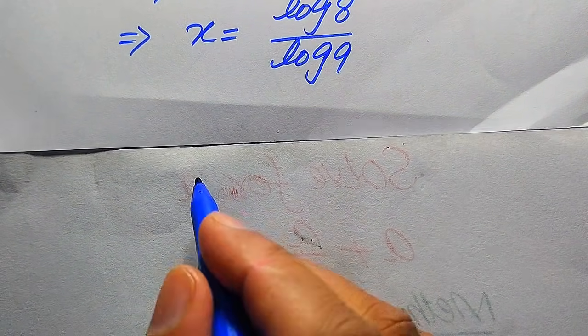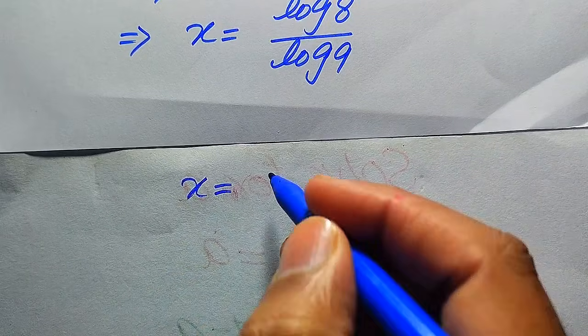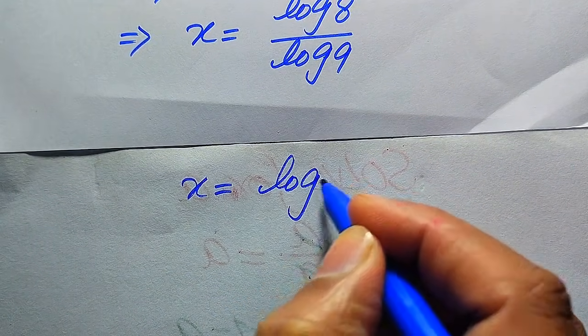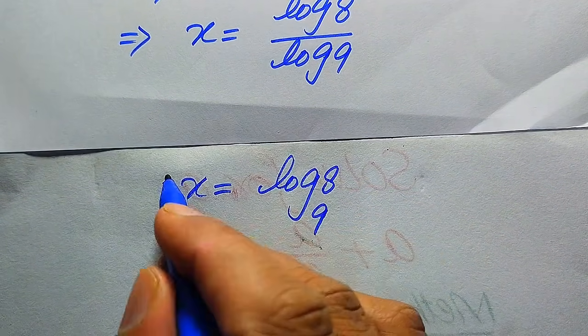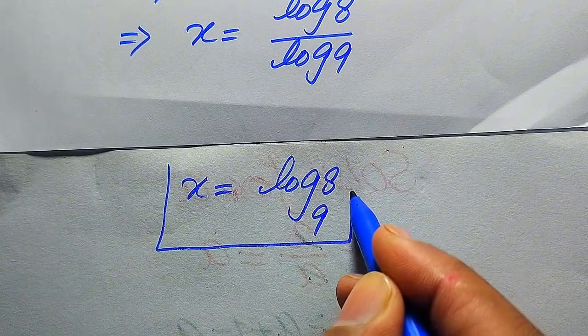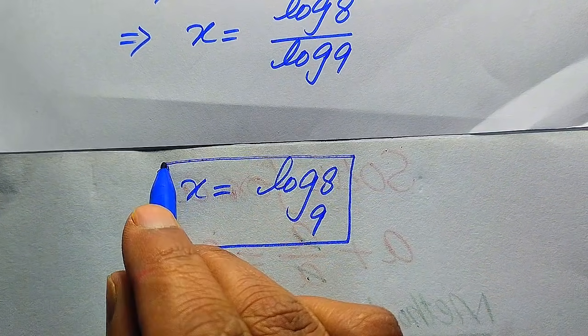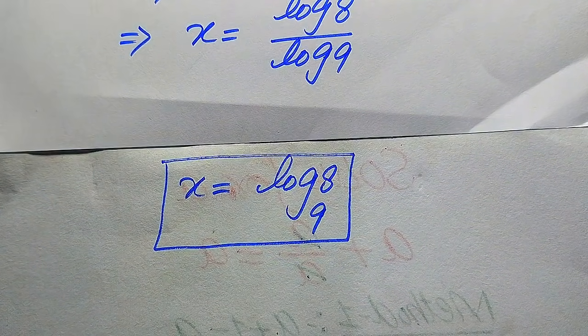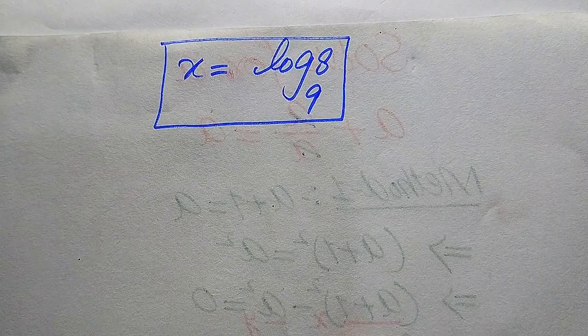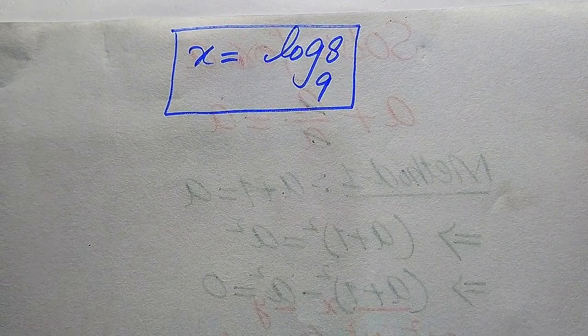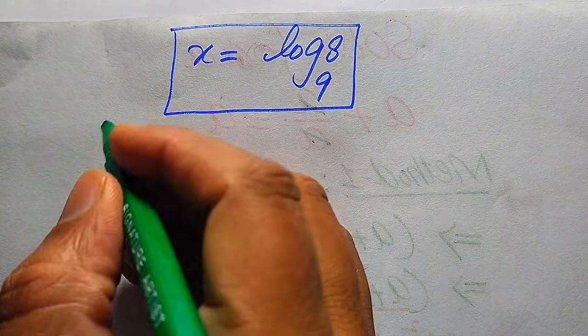So when we combine the above values we obtain x is equal to log of 8 with base 9. So this is the final value of x which we get in this problem. And in the next step we need to verify whether this value of x is a solution, or whether this value of x is an extraneous root.